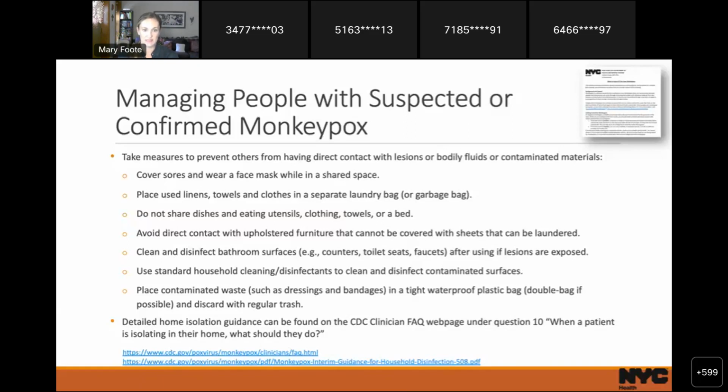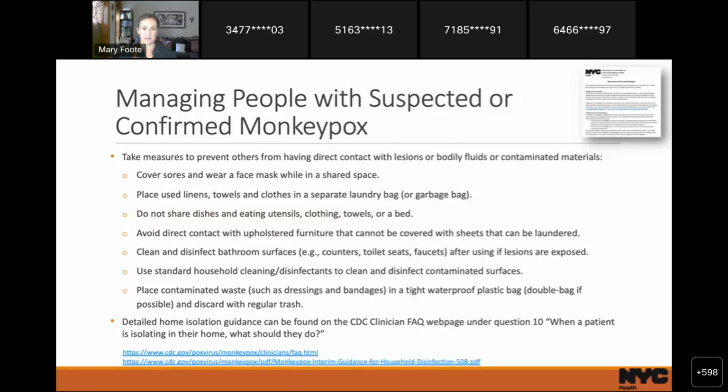And then we recommend using separate bathrooms whenever possible, but if sharing, be very fastidious about cleaning and disinfecting bathroom surfaces after using if lesions are exposed, and definitely after using if it's a shared bathroom. And again, they can use standard household cleaning disinfectants to clean and disinfect surfaces.